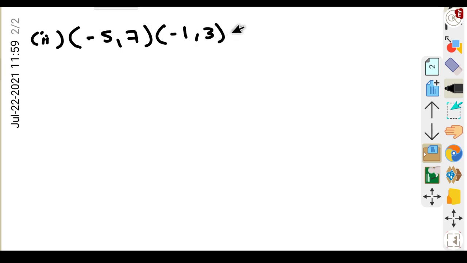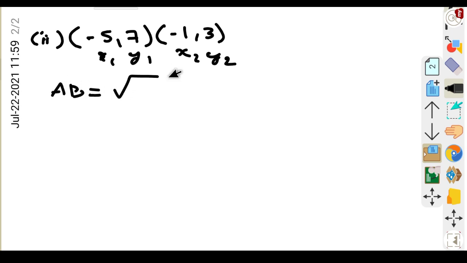The second one. The coordinate points they have given are minus 5 comma 7 and minus 1 comma 3. Call these x1, y1, x2, y2. Now I'll apply the formula and solve it, because you have already learned it, right?